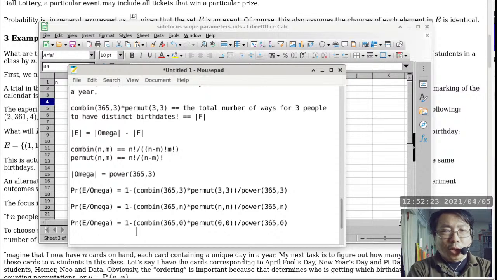So do we know how many ways we can choose nothing out of 365 where ordering is not important? There's one way. Very good. Okay, so you guys still remember that. What about this permutation of 0, 0? How many ways can I choose nothing out of nothing where ordering is important?